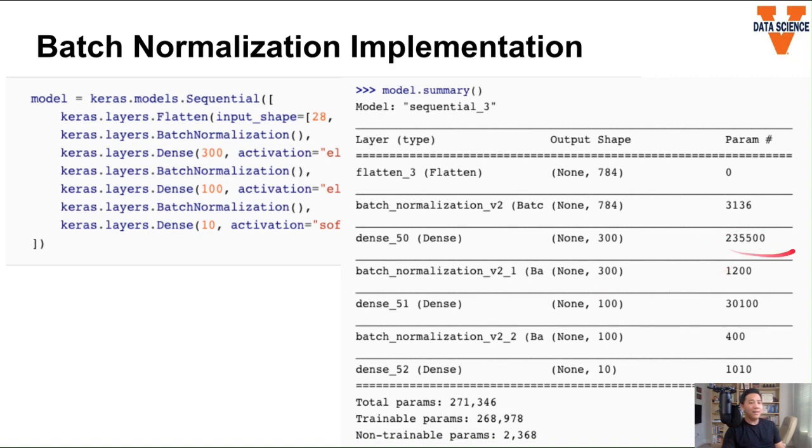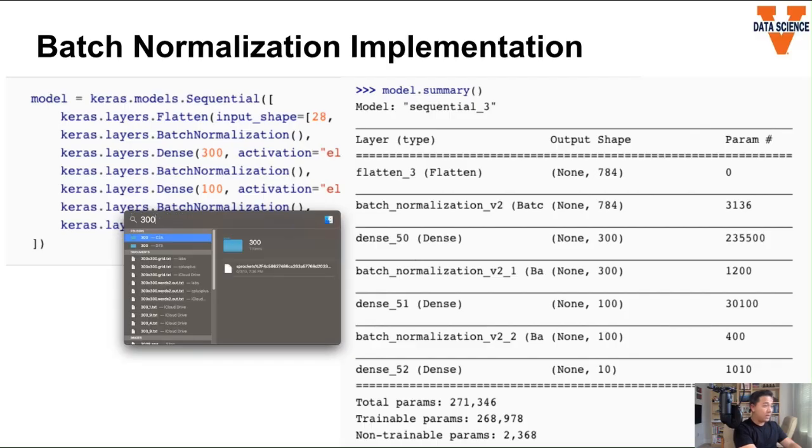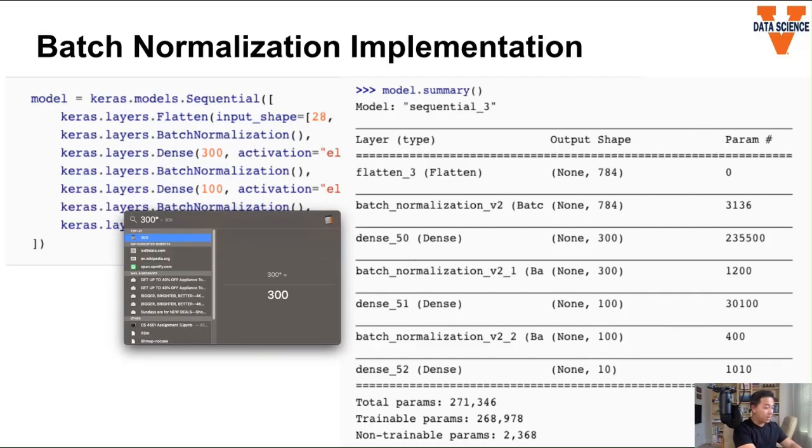And if you wonder why you have this number, it's simple math. This is a dense network, so you have to connect all the inputs from the previous layer to each node in the current layer. So if you do this math, you have 300 nodes, right? And each node connects to the 784 nodes from the previous layer.